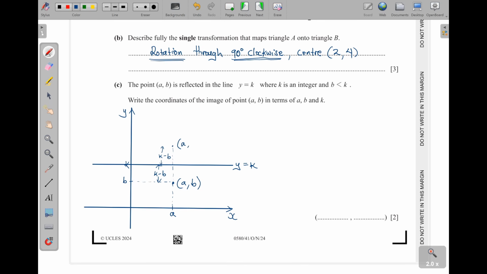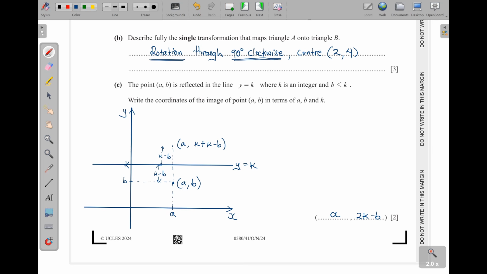But the y coordinate here is going to be this k that we are seeing here, plus this distance here, that is k plus k minus b. And when you add them, we get 2k minus b. So the coordinates of the image are going to be a and then 2k minus b.